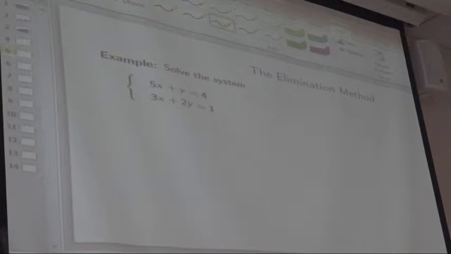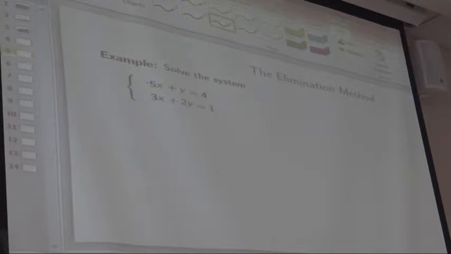Now, instead of this, we can do the elimination method. We can cancel, we can eliminate either x or y. So let's see which one is better. We have 5x plus y equals 4, and 3x plus 2y is equal to 1.